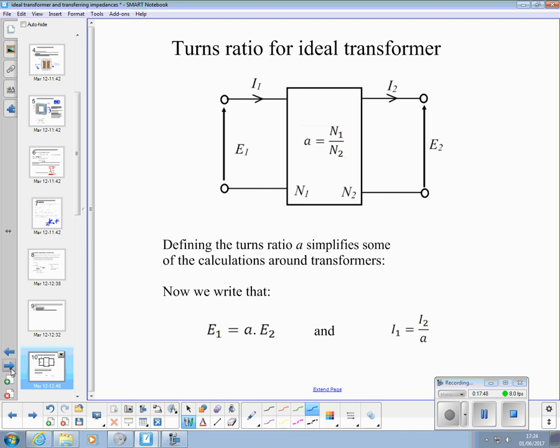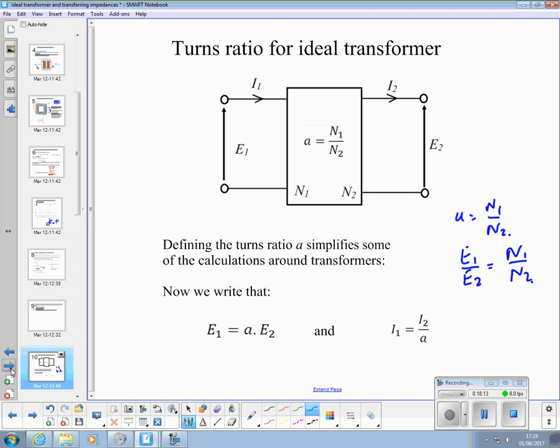If we do that, because A is N1 over N2, all right, and E1 over E2 is equal to N1 over N2.